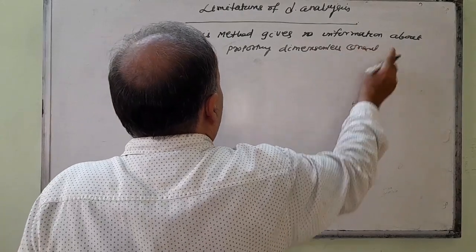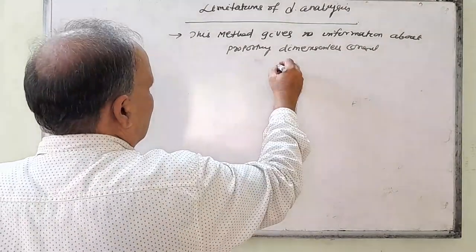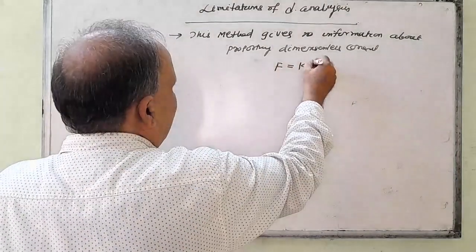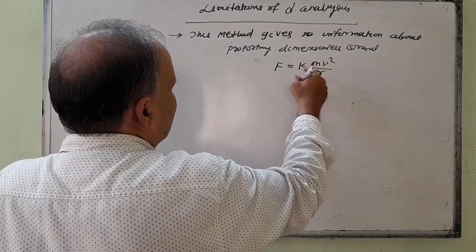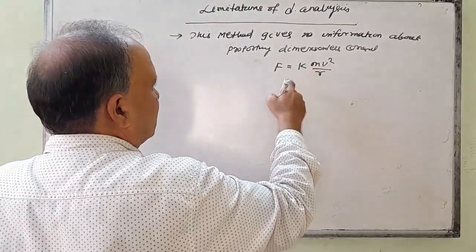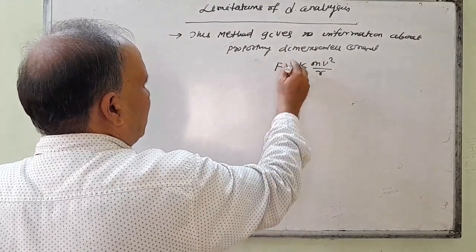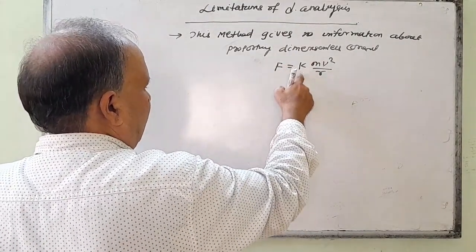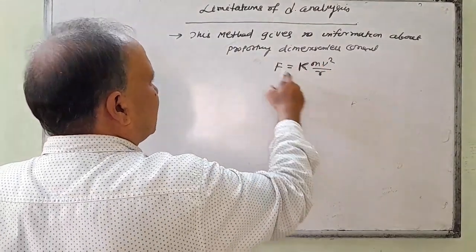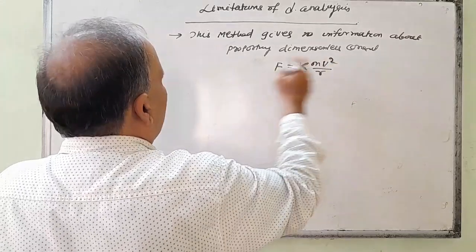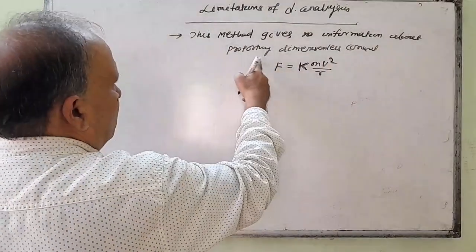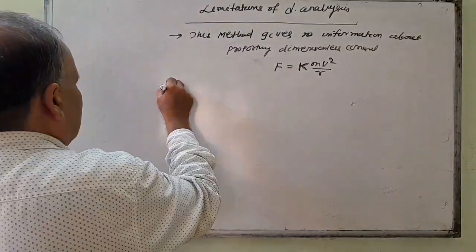You see, when we derive the relation, we suppose in case of a centripetal force is equal to K mv square by r. This method, this system is silent about K. It could not say what is the value of K. That means you have to write K in this expression. This is the first limitation. This method gives no information about proportionality, dimensionless constant.